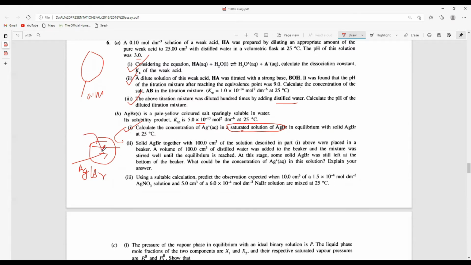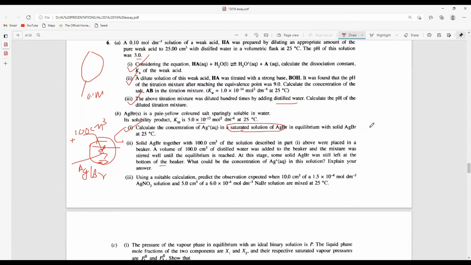So what they have done is put some solid AgBr and added 100 cubic centimeter of water as well. At this stage, some solid AgBr was still left at the bottom of the beaker. So still the solution is saturated, right? What could be the concentration of Ag+ in this solution? Explain your answer.